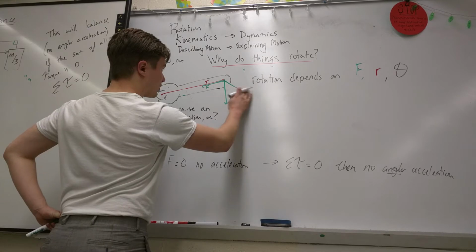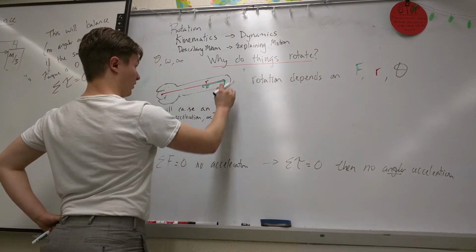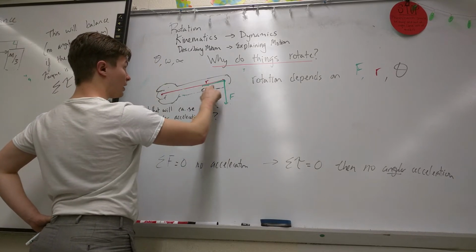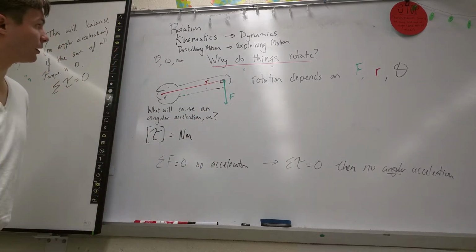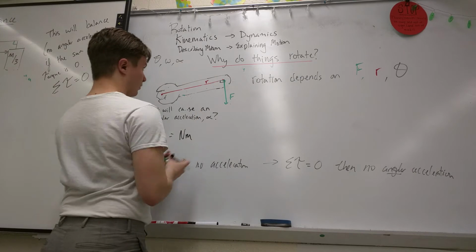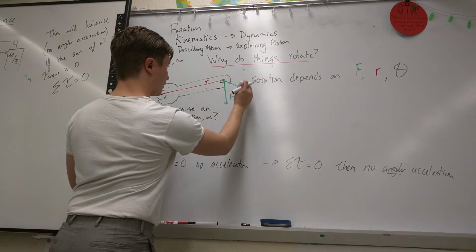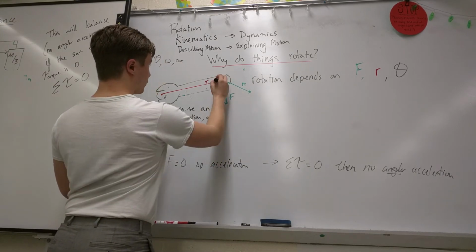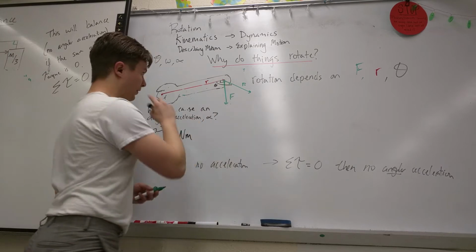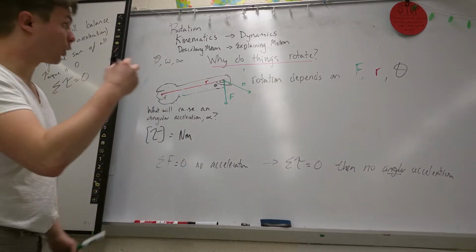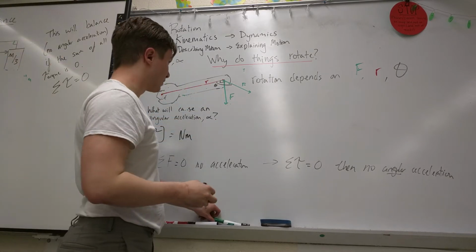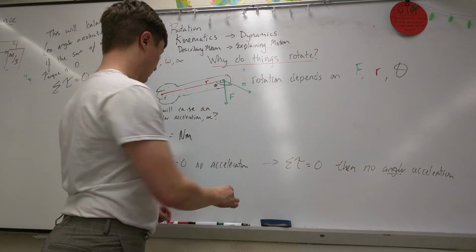And if we look at the case where there's the most acceleration, that's where F is perpendicular to R. Now that's perpendicular. If I keep this F here, I would be interested in that angle there. But I'm really only concerned with the perpendicular component of the force.